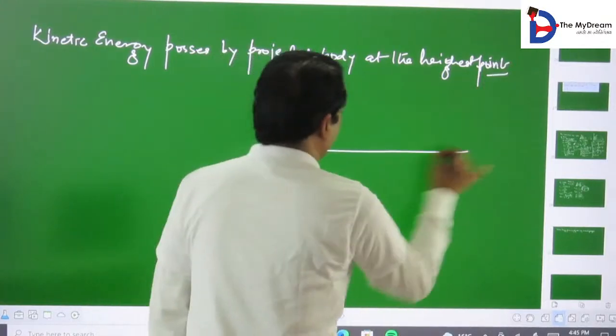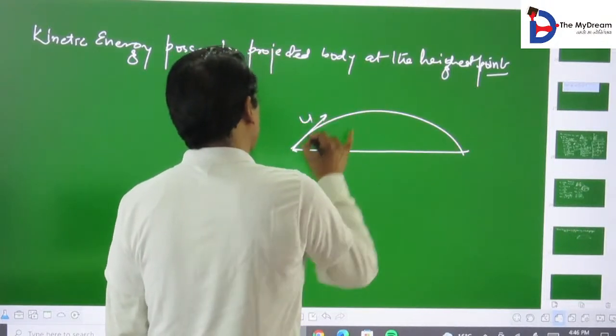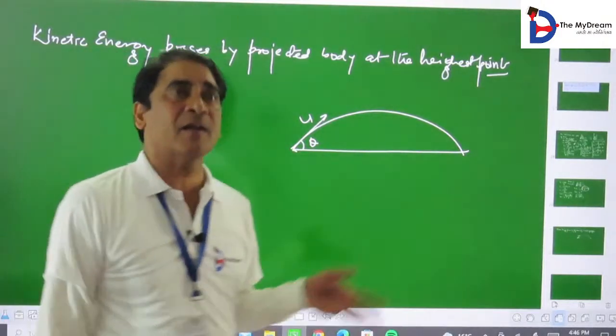Here we are discussing the kinetic energy. An object is thrown like this, and you want to discuss the kinetic energy at the highest point.